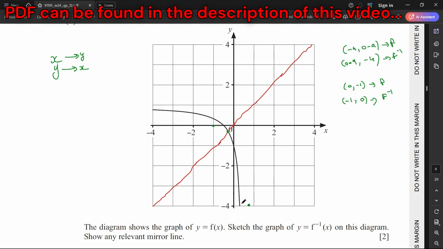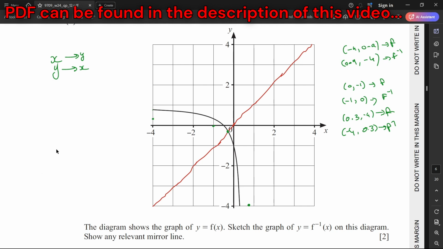Then similarly, if I want to check the coordinates of this point in my inverse domain, currently it is, let's say, 0.3 comma negative 4. That is for your normal f. So it is going to be minus 4 comma 0.3 for your inverse function, somewhere over here. And now I just need to connect these dots that I've drawn.